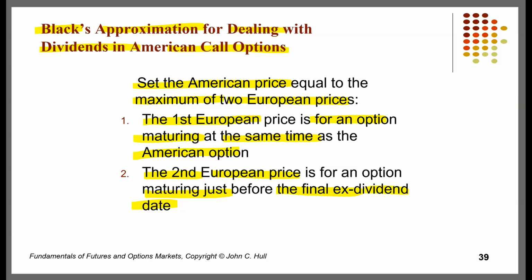That is to allow you to exercise before the ex-dividend date in order to acquire the stock. So if you are to exercise on a dividend paying stock, do it before the ex-dividend date. So the second option is set up to expire right before that ex-dividend date to price the value of the option at that point in time. All right, so this is what we have for this.